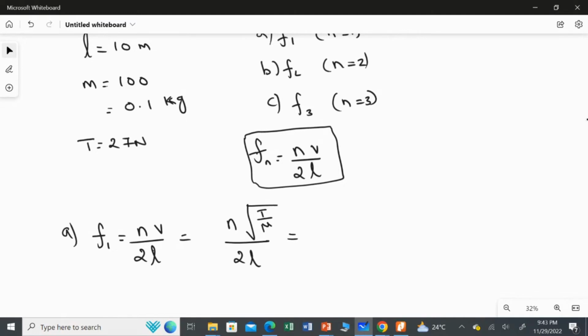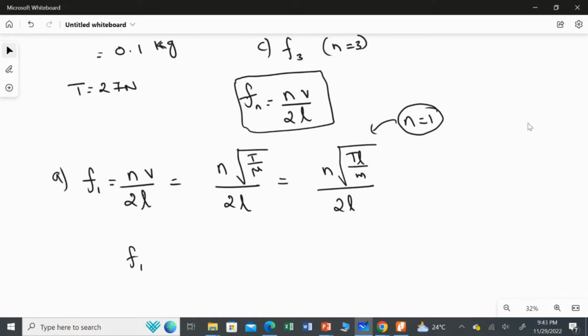If you further substitute the value for mu, which is mass per unit length, the equation becomes n multiplied by the square root of TL over m, over 2L. Now you have to simply substitute n equal to 1, and here you will get the answer.